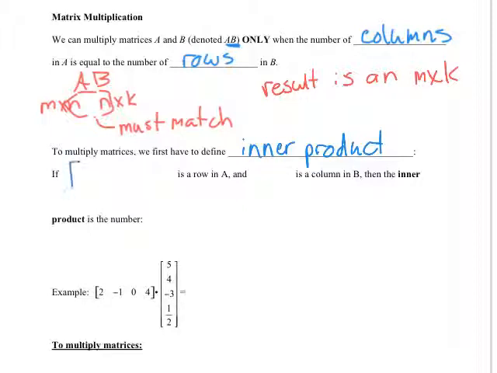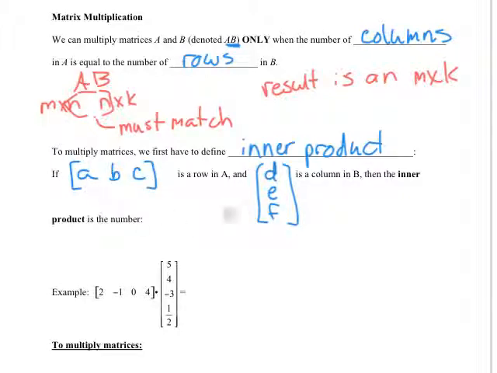So I have a row in A. Let's call it A, B, C. Let's say that's one row in A, and I have a column in B: D, E, F. Then the inner product is what you get when you multiply A times D plus B times E plus C times F. We are not distributing, okay?